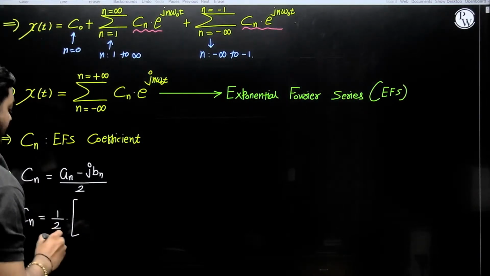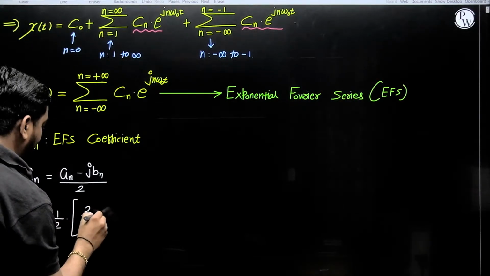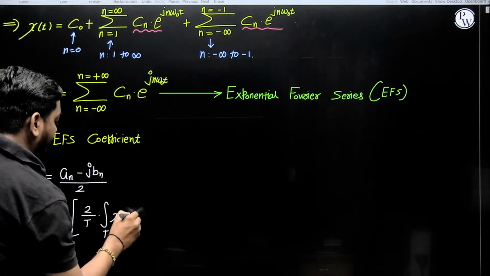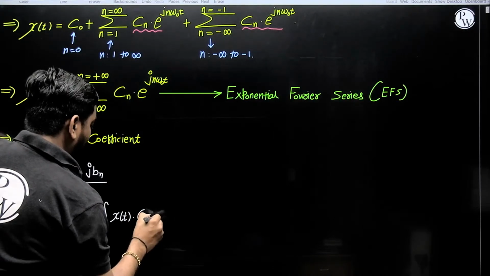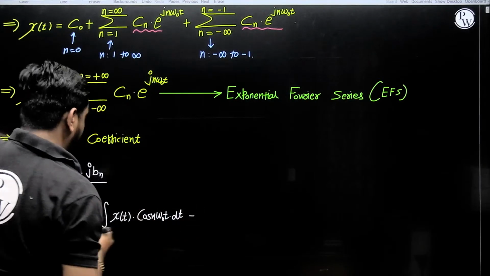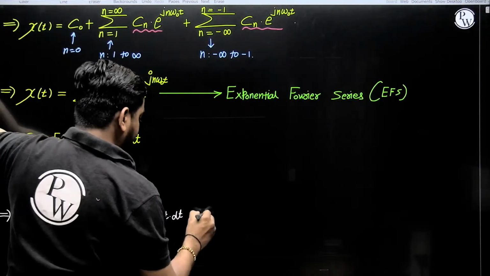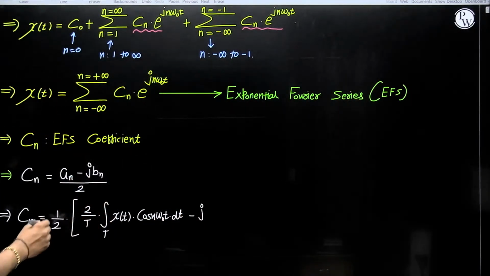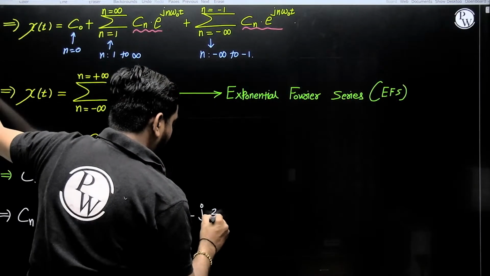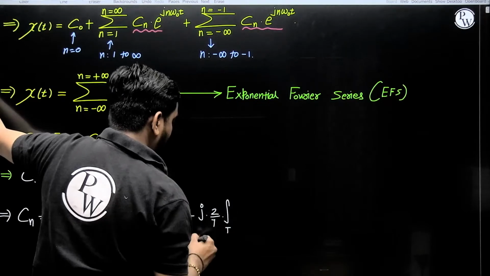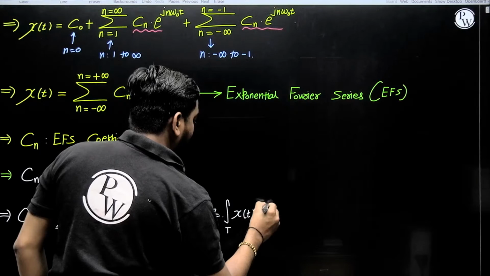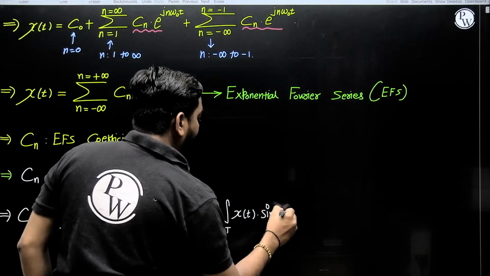What is the formula to find a n? It is 2 by capital T, integration over a fundamental time period, x of t cos n omega 0 t dt. Minus j, here j is there, correct, 1 by 2 common, minus j b n. What is the formula to find b n? 2 by T, integration over a fundamental time period, x of t sin n omega 0 t dt.